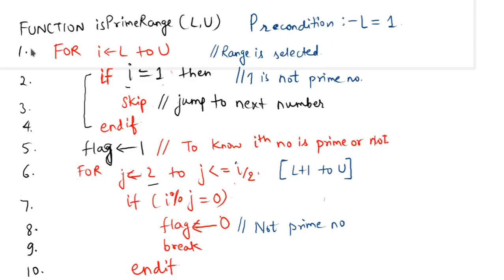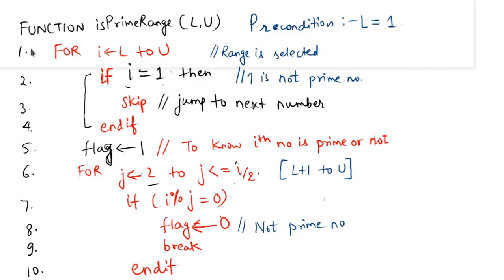For that, the flag value has to be set to 0, so that that number doesn't become a prime number.